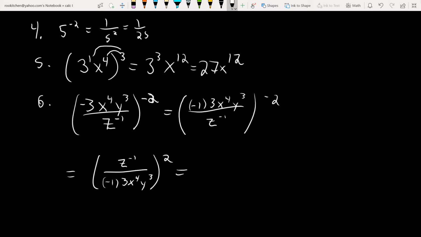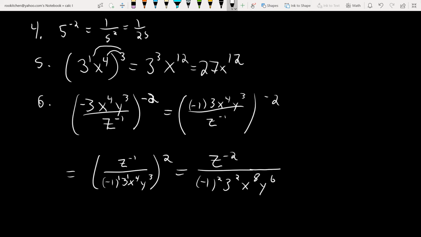Then I can multiply the exponents. On the negative 1, there's an exponent of 1. On the 3, there's an exponent of 1. So I'll have z to the negative 2 all over negative 1 to the 2nd power, then 3 to the 2, x to the 8, y to the 6.